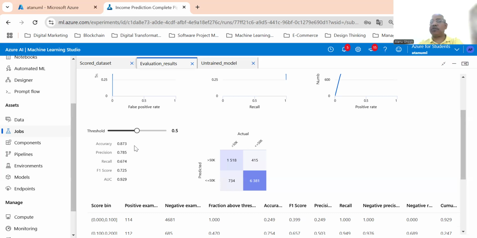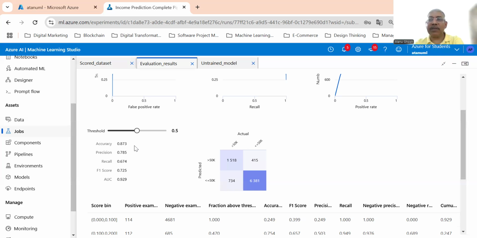Now, why are these two measures important? Because of two reasons. The first reason is that the cost of misclassification is not symmetric. That means the cost of a false positive may not be the same as the cost of a false negative. One may be more expensive than the other.